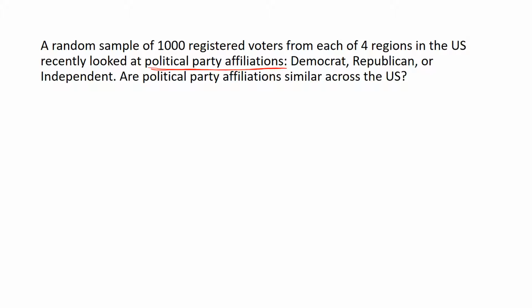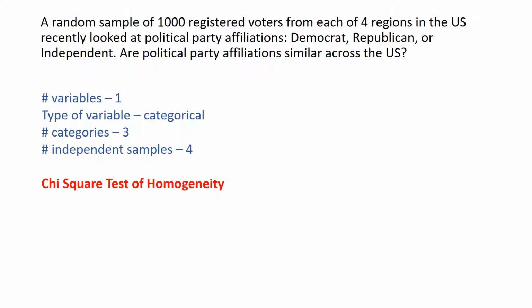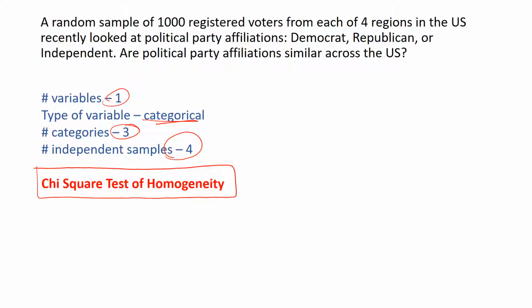It's categorical with 3 categories, but I have 4 independent samples, a random sample from each of 4 regions. 1 categorical variable, 3 categories, 4 independent samples. This is a chi-square test of homogeneity.